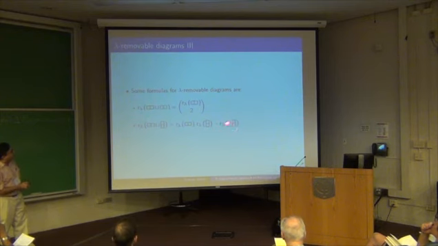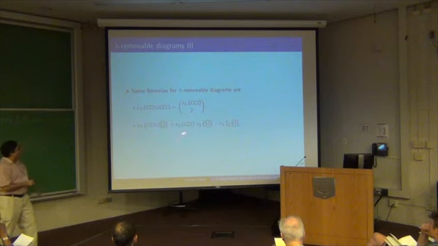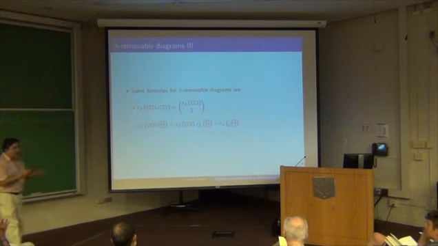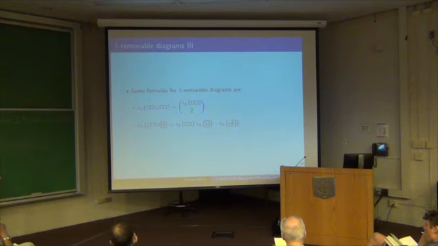Here, for example, this diagram appears that is not one of these, but it is like a composition, or I call it a collage, of these two diagrams. It's a general result, and I'm not going to state it because I don't have time, but each time you have a diagram with several connected components, r lambda of this diagram is a polynomial in r lambdas of connected components. And I'm going to use this later in the applications.